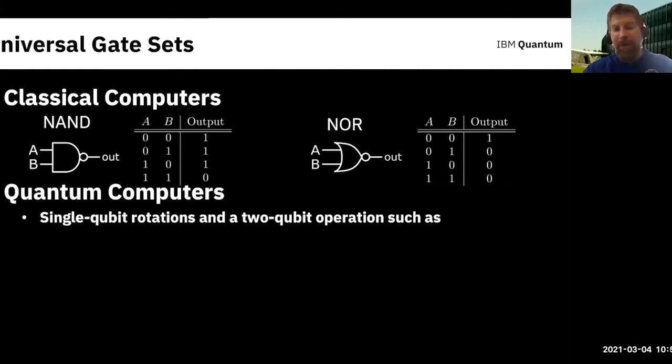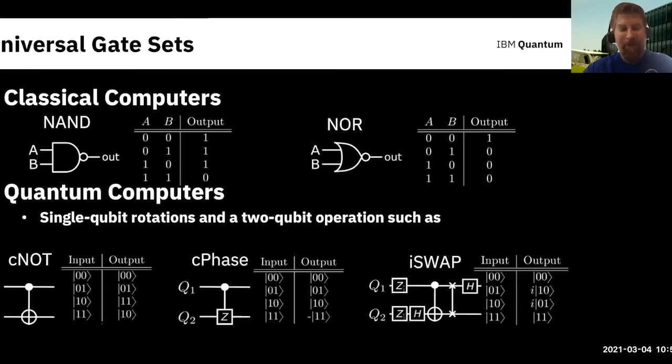For a quantum computer, the situation is very similar. You need single qubit rotations. You don't even need all the single qubit rotations, but I've already shown you that effectively we can do all of them very easily. And then we need a 2-qubit operation, and we need just one of them. This is where the choices very much differ, even among superconducting qubit architectures. Everyone has their favorite 2-qubit operation. At IBM, our native operation is closest to the controlled NOT gate.